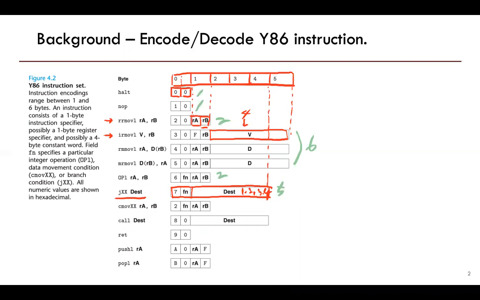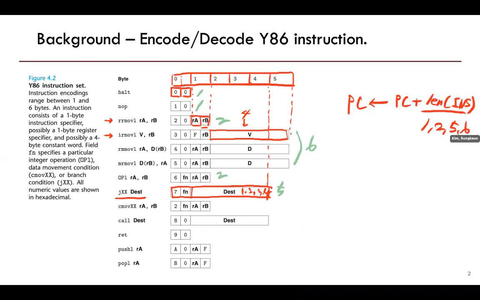Then to calculate the next instruction, we can have this equation: the current PC will be updated by PC plus the length of the current instruction, INS, right? So this part is variable, so it can be 1, 2, 5, or 6, right?